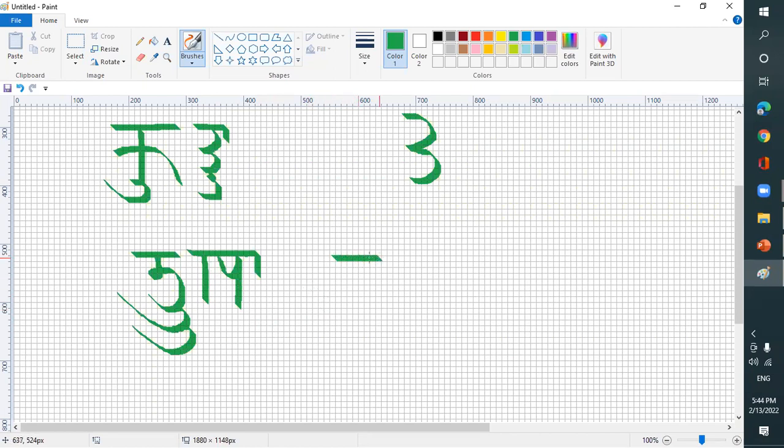Guru. See, this looks good. Actually, it can be written like this also. There is no problem, but in calligraphy, stylish writers try to follow this one. Both are okay.